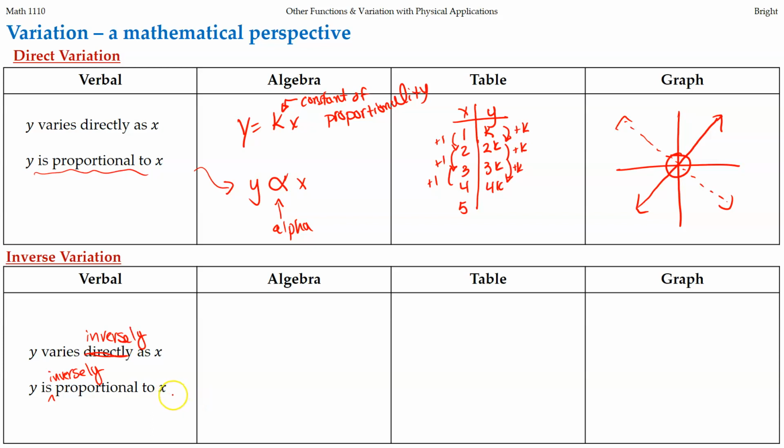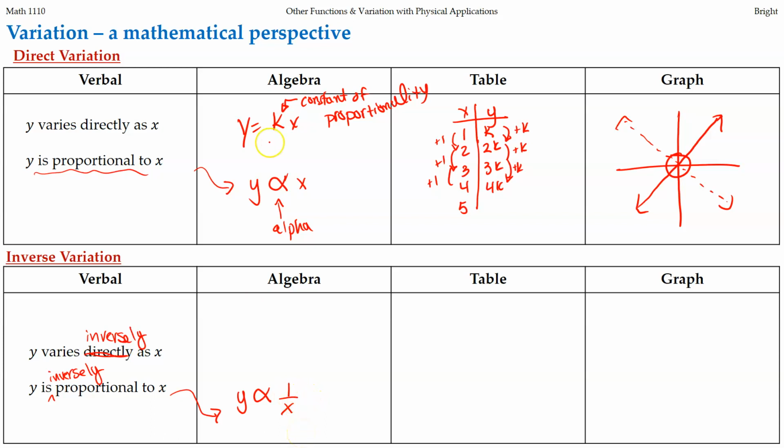Thinking about the proportional language first, when we say y is proportional to, that's the alpha symbol. With inverse variation it's a bit of a misnomer. I really want to call it reciprocal variation, because students do weird things with inverse. But anyway, inverse variation here is 1 over x.